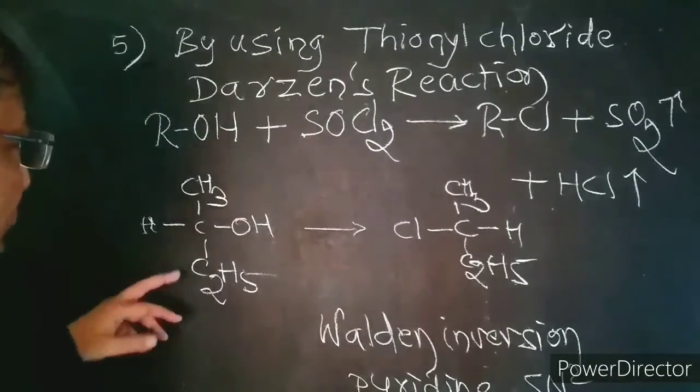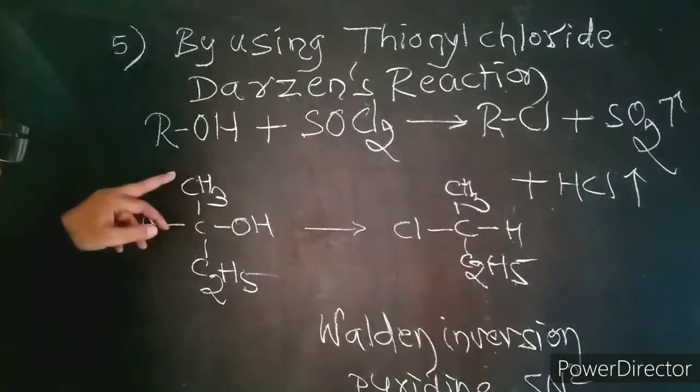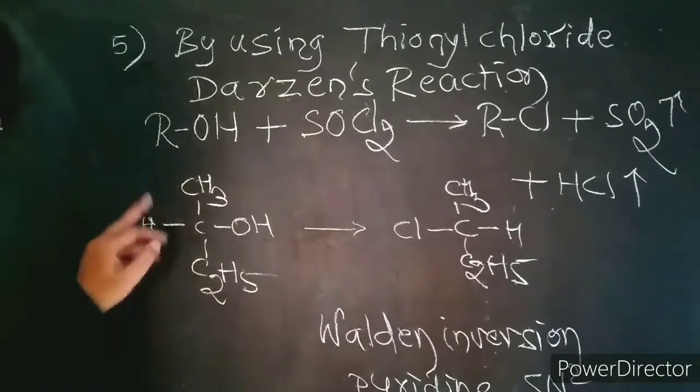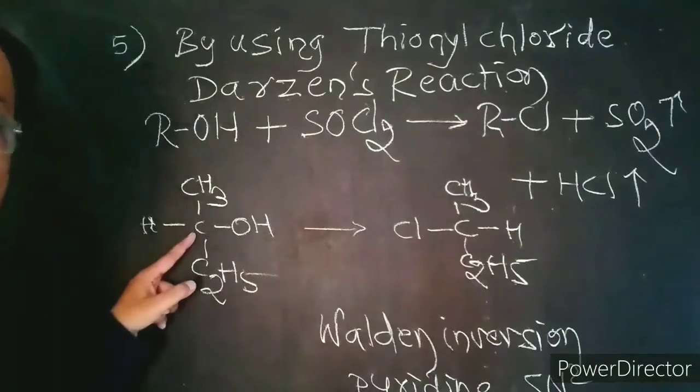What is a chiral carbon atom? The carbon atom which is attached to 4 different atoms or groups of atoms. This carbon atom is an asymmetric carbon atom, that is a chiral carbon atom.